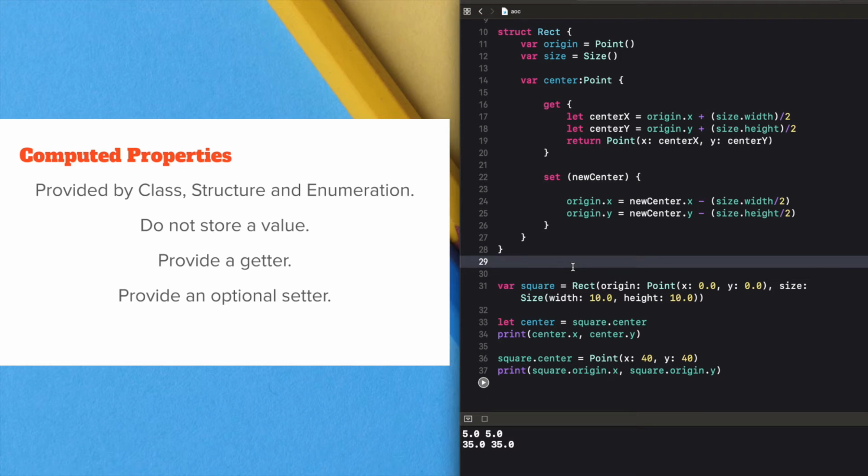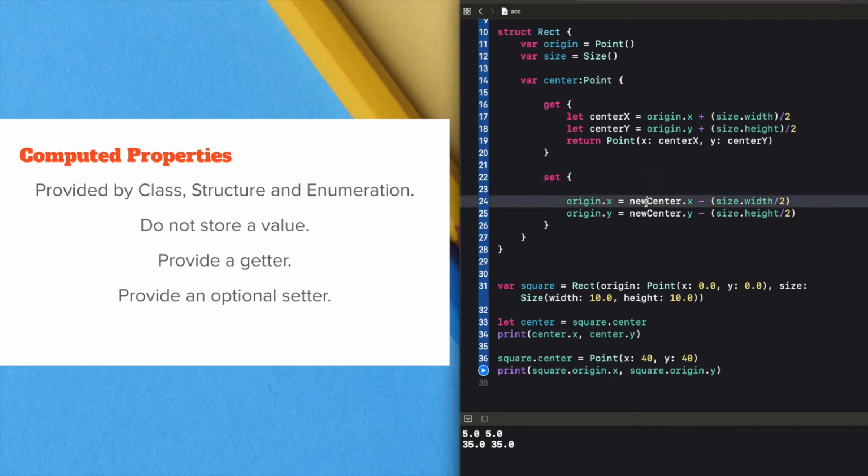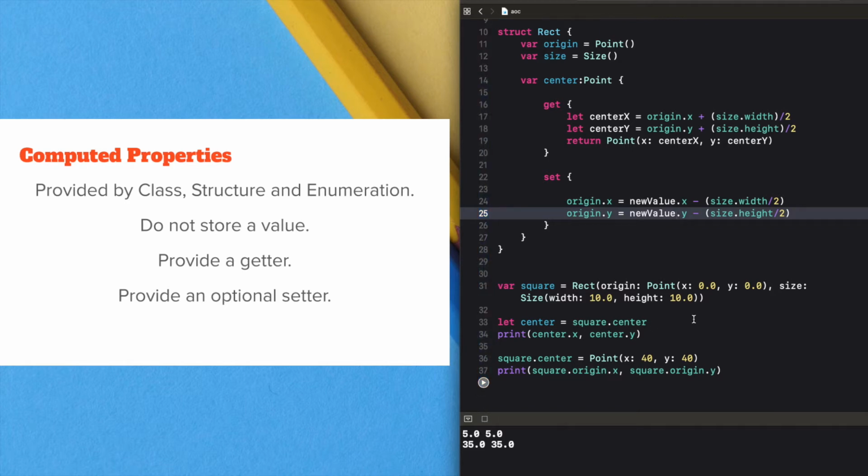Okay, this is all about the computed properties. We can also do some optimizations here. Instead of newCenter, we can use newValue. Also for the getter, if the entire body of the getter is a single expression, the getter implicitly returns that expression.